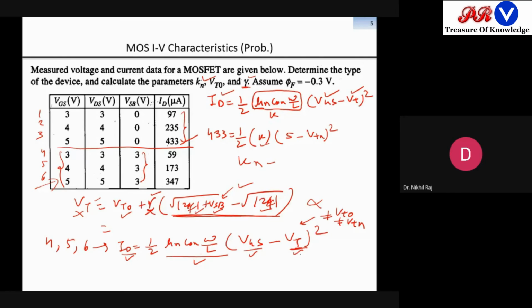Fine. So once we calculate VT, we will substitute this VT here and then we can calculate gamma. So this will solve your gamma problem. Fine. So this way we can complete this question. The solution is also shown here. I will show you.